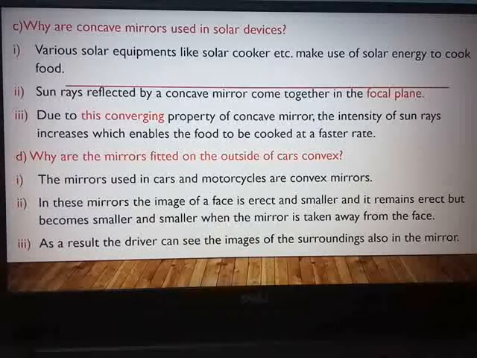What are you going to write here? You are going to write the main characteristic of a concave mirror. What happens in the case of a concave mirror? The rays of light are converged by the concave mirror and brought together at a point.